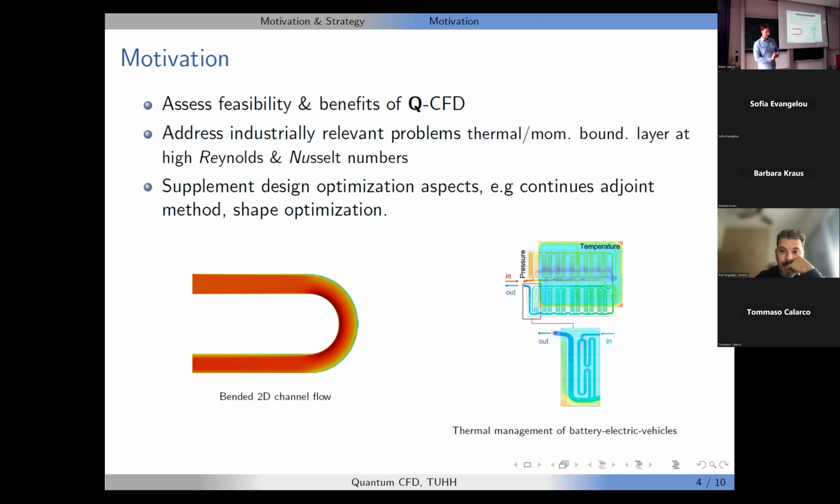Our motivation is, of course, first to get knowledge of the QCFD part. The Q is the main target we are aiming for at the moment, to understand what performance advantages we can gain, and then to take that basic idea in order to address industrial problems with high Reynolds numbers.